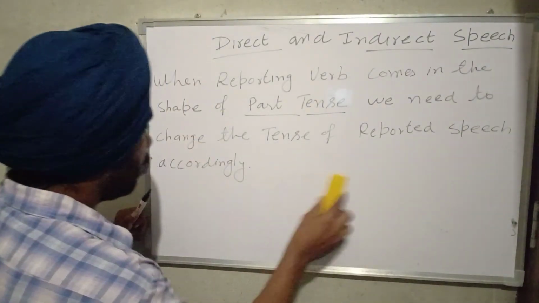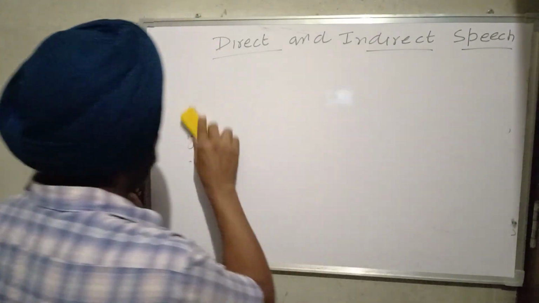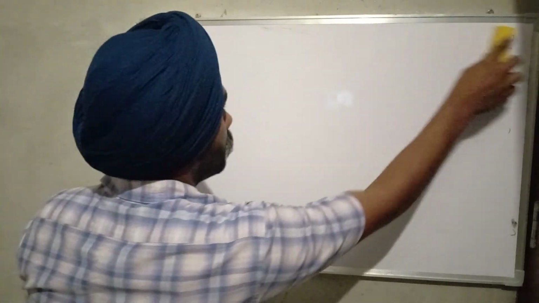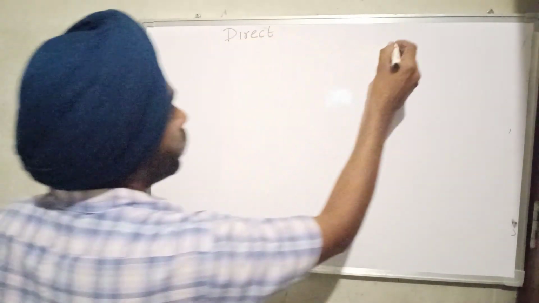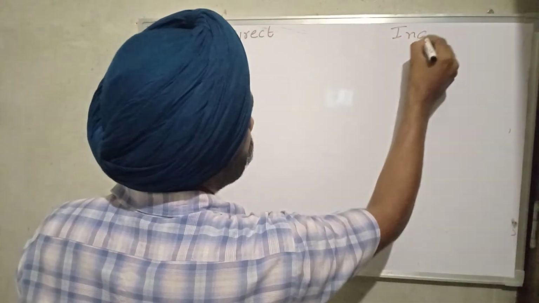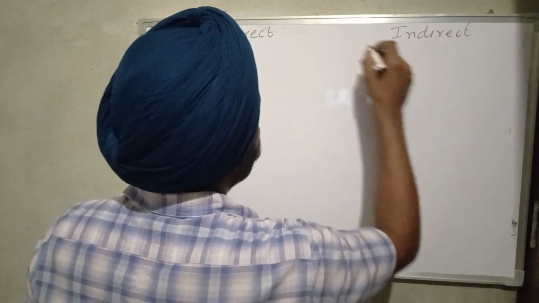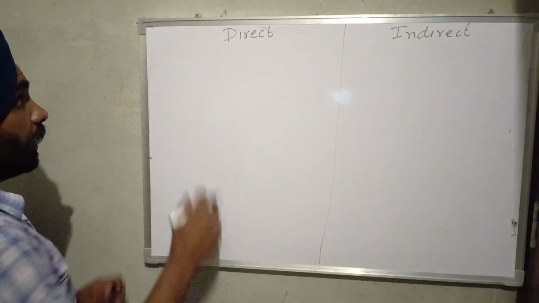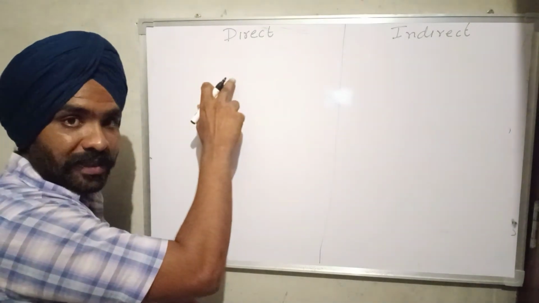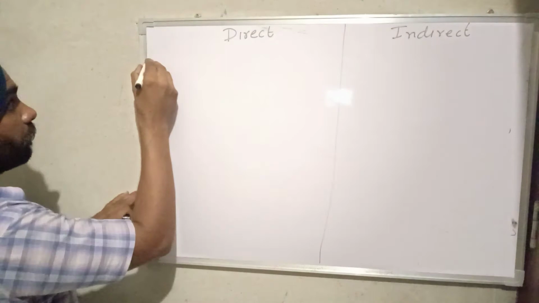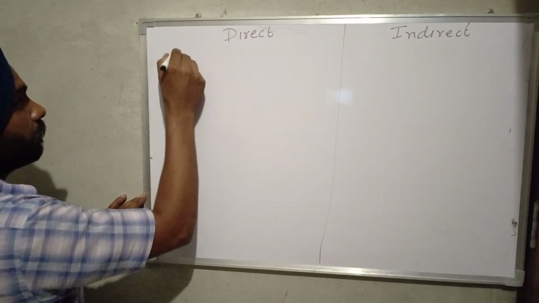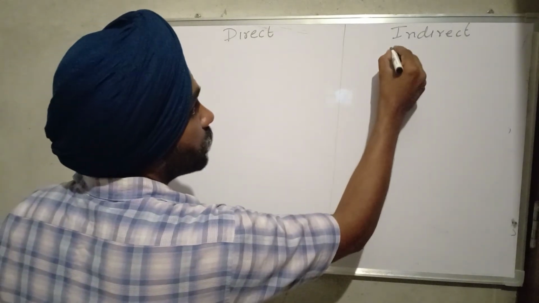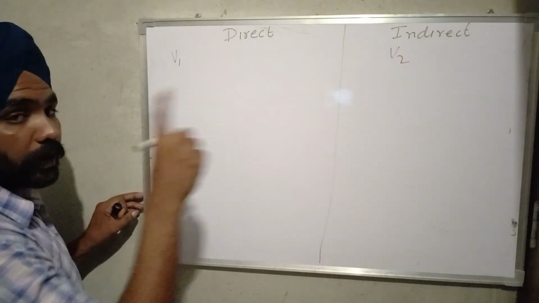So now I am going to give you the table. Direct, indirect. It means when our reported speech has, for example, verb first, it becomes verb second in indirect speech.